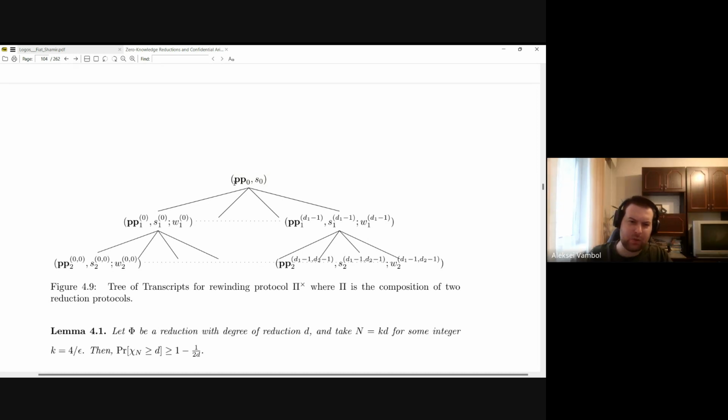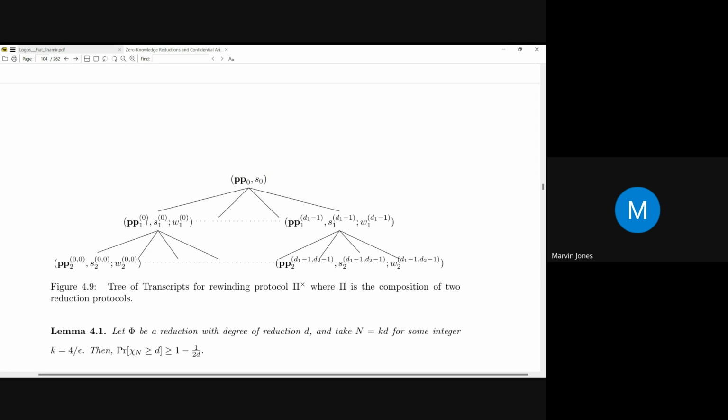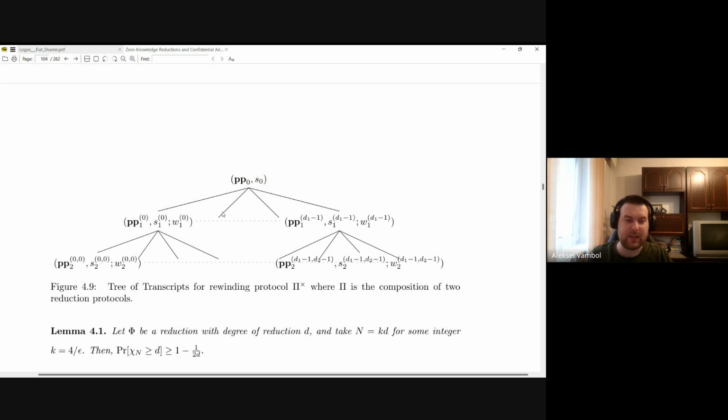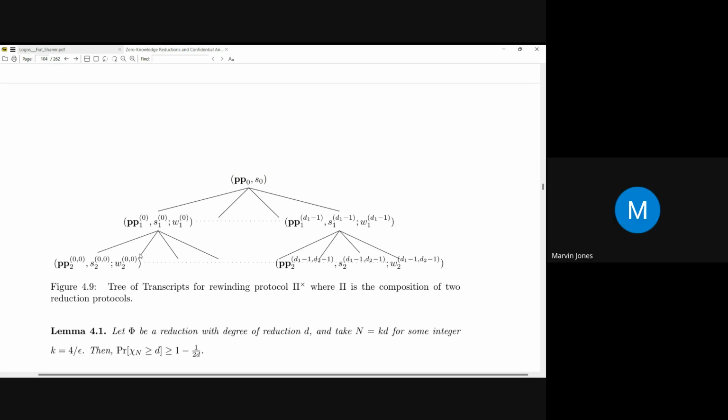S0, S1, and S2 are different parts of some position. Yeah, so these are different because this is a more general idea of protocols where it's a reduction.